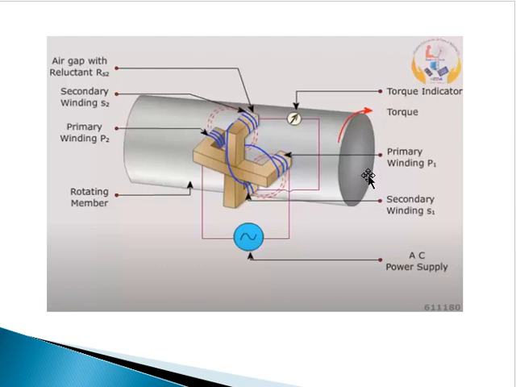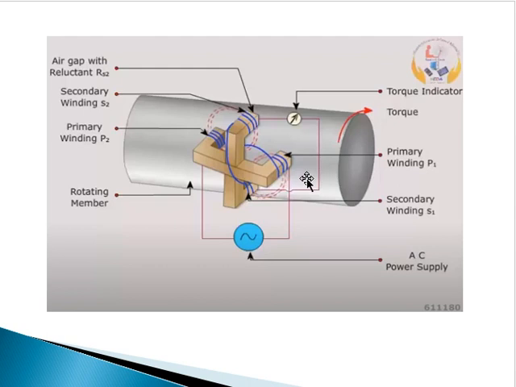Voltages equal in amplitude and opposite in phase are induced in the secondary coils S1 and S2. But when the shaft is subjected to torque, it will rotate. Now the permeability and the number of magnetic lines of flux increase in the tension direction and decrease in the compression direction.